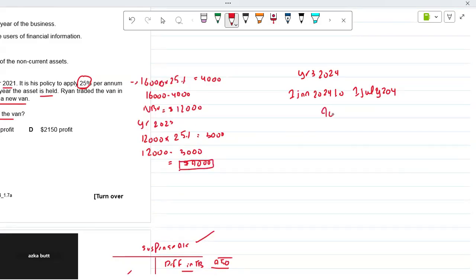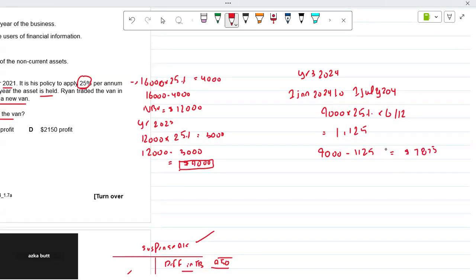So 9,000 multiplied by 25% and multiplied by 6 over 12. And this is equal to 1,125. Okay. So the carrying value at 1st July 2024 will be 9,000 minus 1,125, which is equal to $7,875.